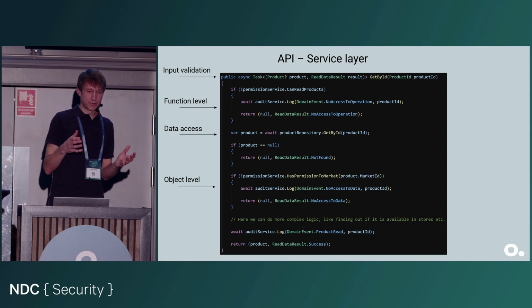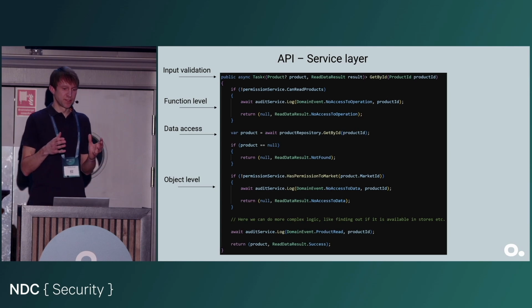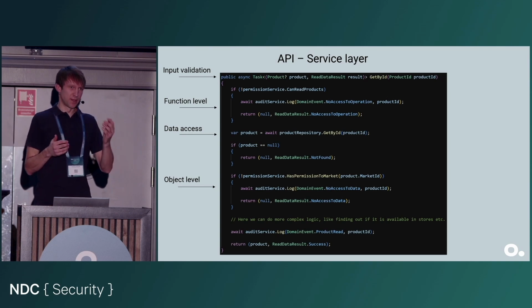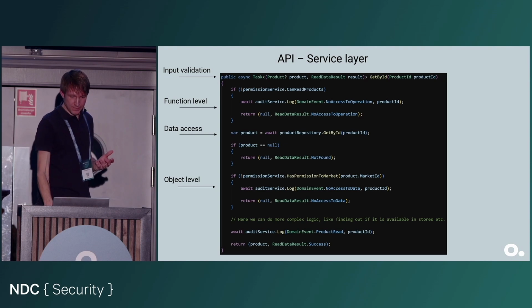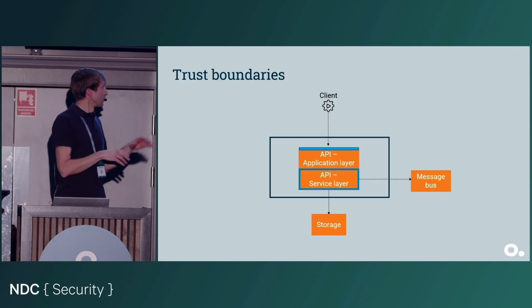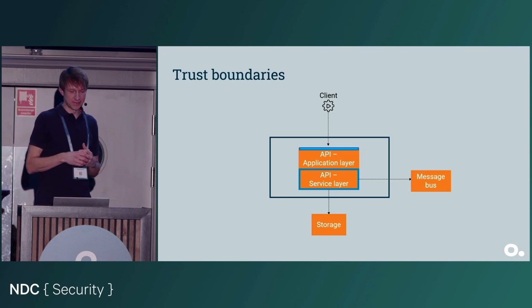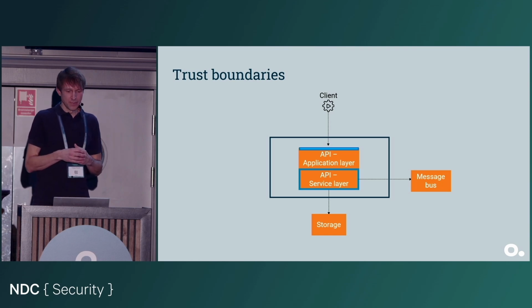So with this code, we always know that we will do proper authorization, even if this code is triggered from a service bus message or if it's triggered from an API call. So with that, we get this blue border and we get a much smaller trust boundary once more. And that's good, to understand what's within your trust boundary.